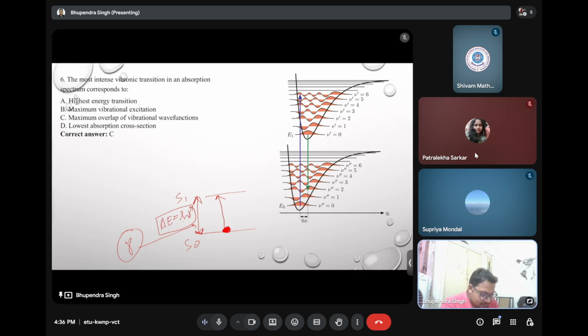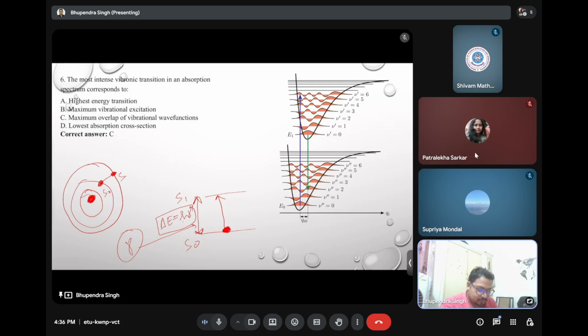In the last class, I told you to assume an atom. This is your nucleus, where proton and neutron are present. One shell, two shell. Let's see, here one electron is present. I'm just giving you an example. Let's say this is S0, and with the particular amount of energy you have given, this electron is going from here to this point.